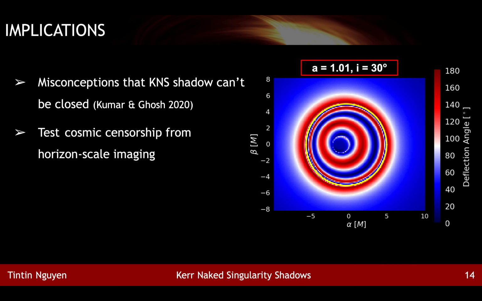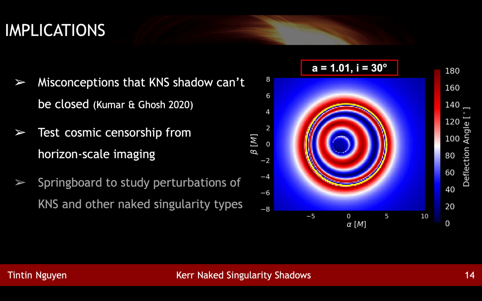Also, my study provides an observational framework where we can test cosmic censorship from horizon scale, direct black hole imaging technology. And my project provides a framework or springboard to study perturbations of KNS and other naked singularity types, where you can go through all the types of naked singularities and produce the same steps I did in this paper.